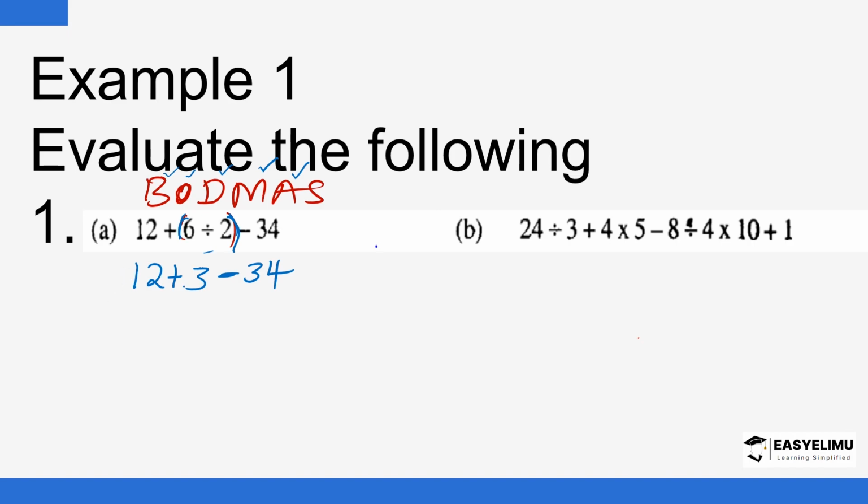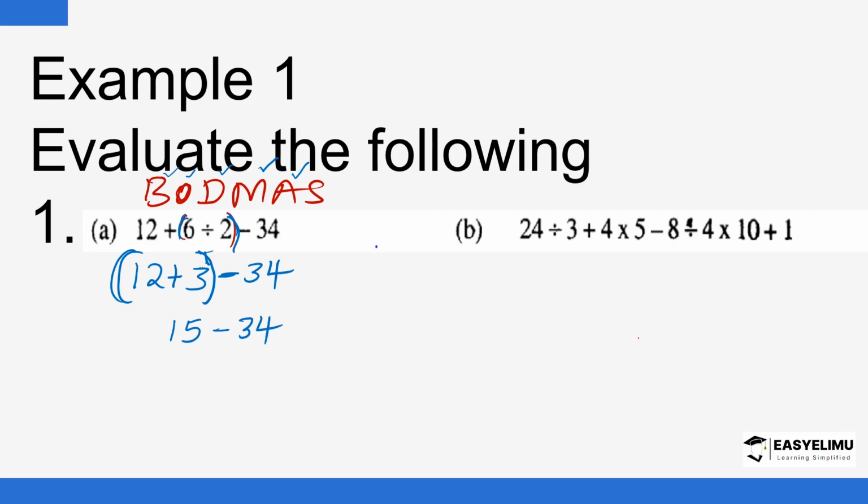So that is addition, and then there is plus 3. I'm collecting these two together because they are both addition. So 12 add 3 is 15, and then we are subtracting 34.